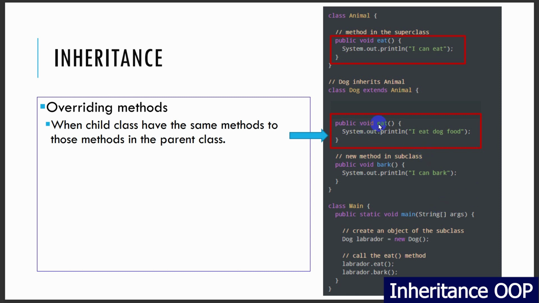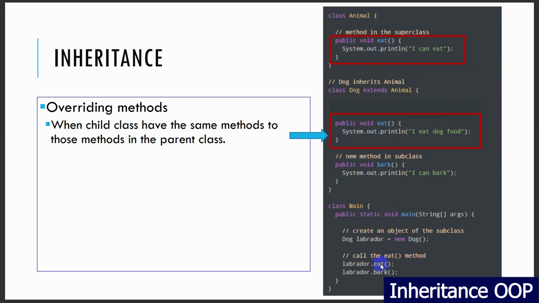So we have the same method in the dog class, eat, but the parent animal also has the same function. So this is called method overriding, where you can activate this in the main program. You create an object dog and we call the function eat and bark.